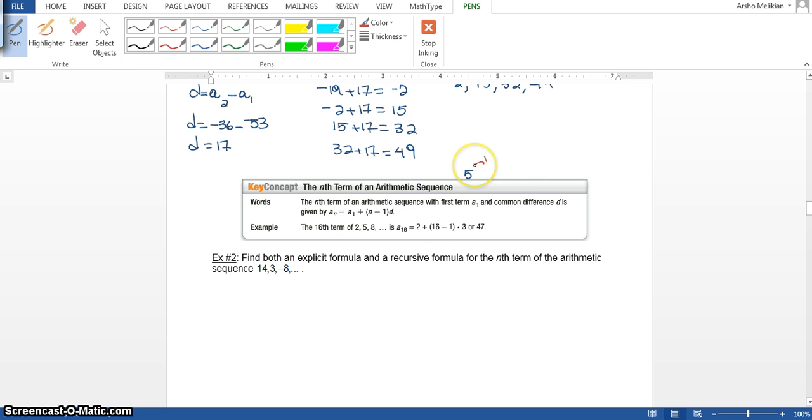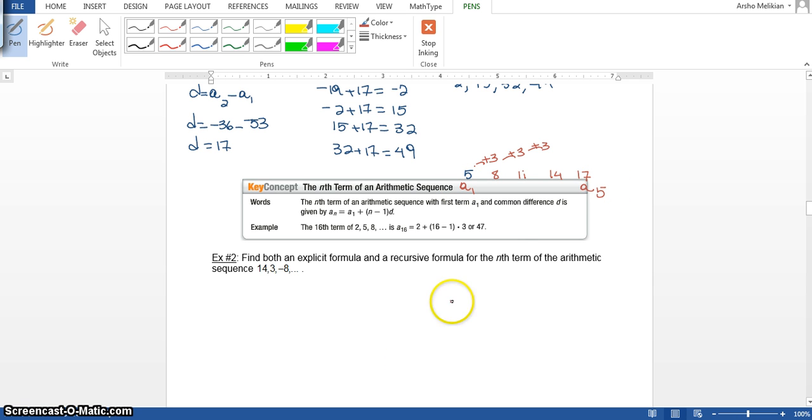So we add 3, and the next term will be 8. And you add 3 again, and the next term will be 11, 14, 17, and so on. Now, this is the first term, so this is A1. This is A what? 2, 3, 4, 5.